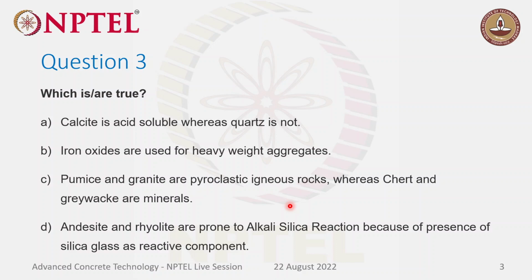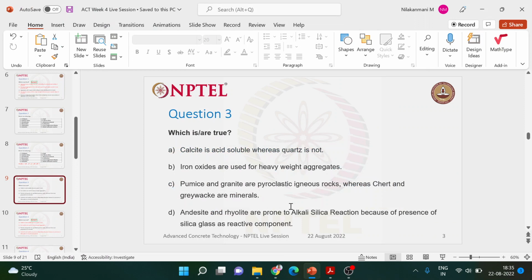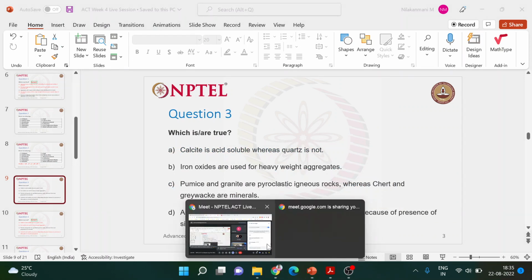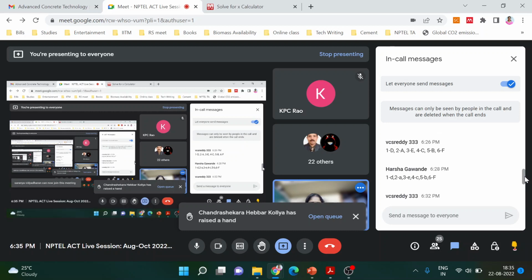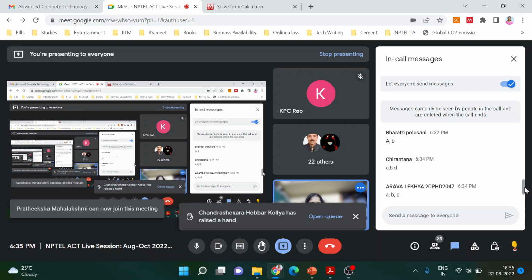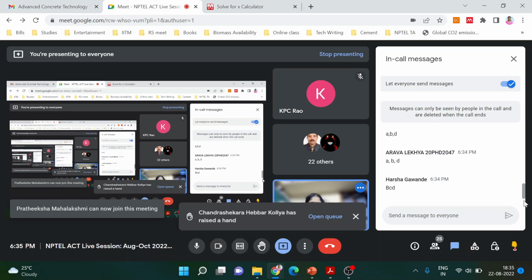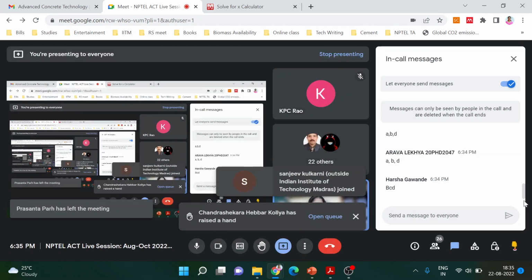Time is up. Let me stop sharing the screen. Okay. A, B, B, B, B, B. Only 5 to 6 people have given your answer, and there are around 22 people in the class.